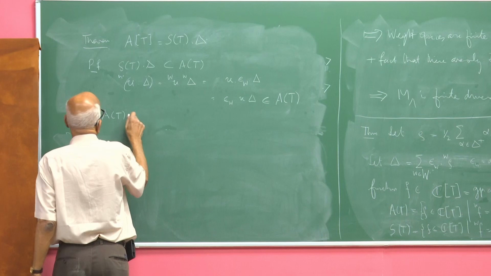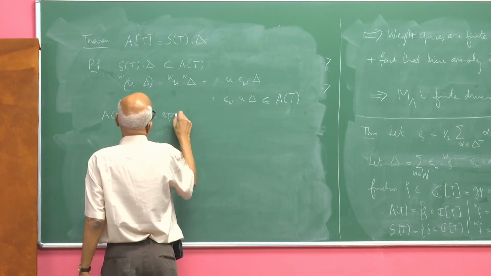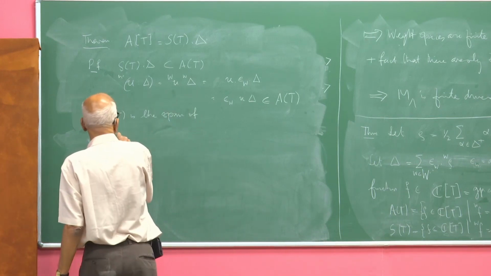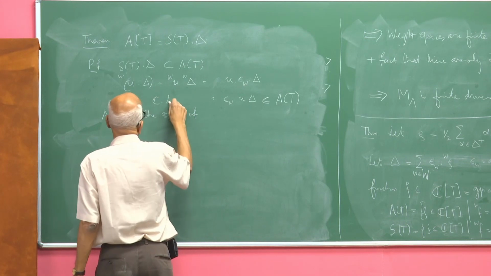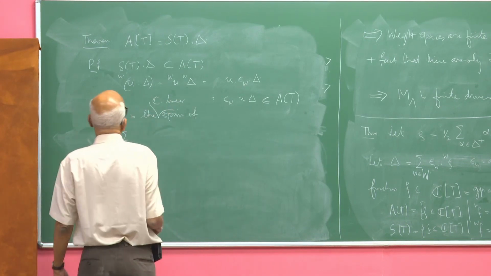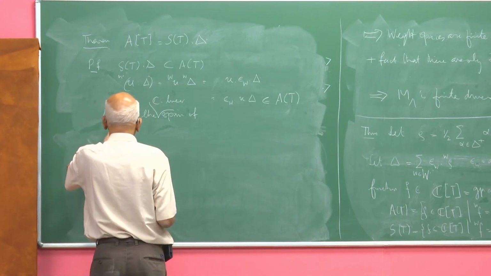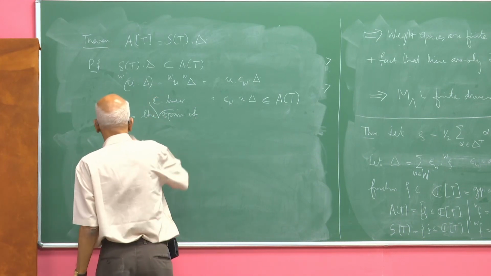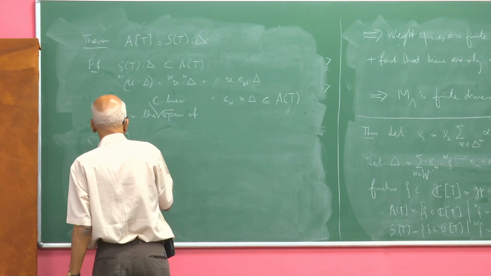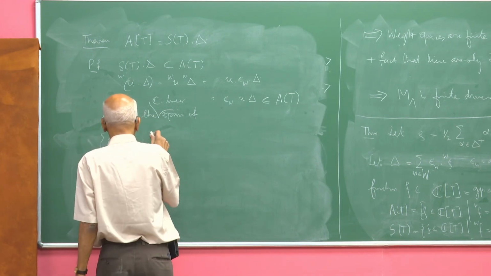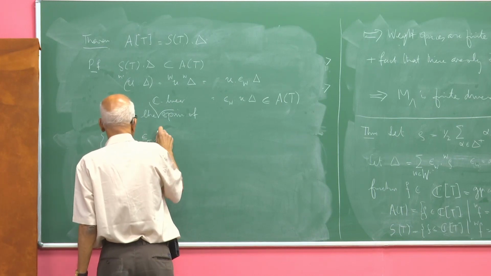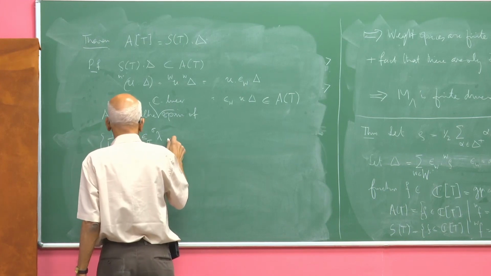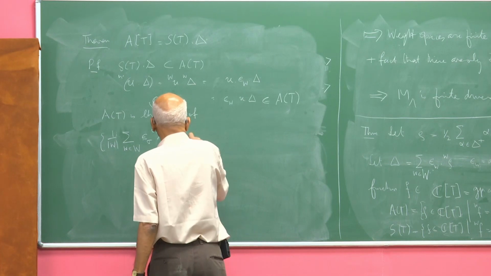A_T is the C-linear span of the sum over sigma in W, let me write 1 over mod W, of epsilon sigma, lambda dominant.